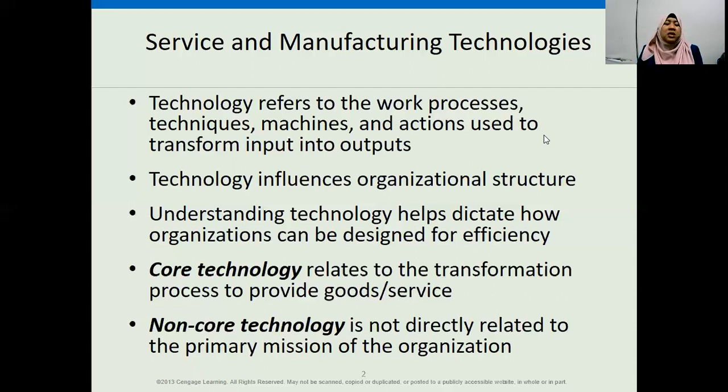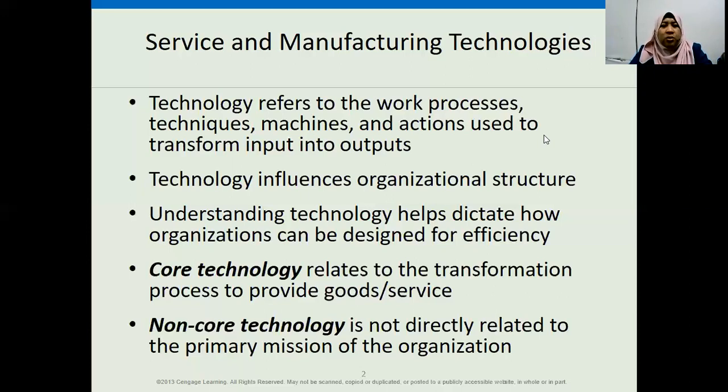So basically, when we're talking about core technology, we see how the process goes from input to output, because we're talking about the transformational process. Let's say we want to have a car. A car does not start with the input just a car. It starts with only steel, and then some parts like tires, engine, steering, windows.